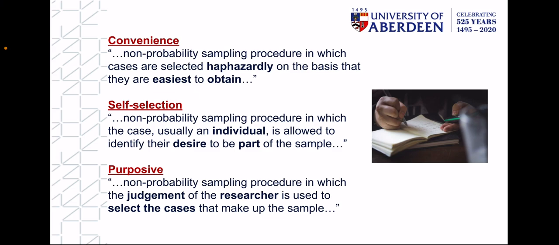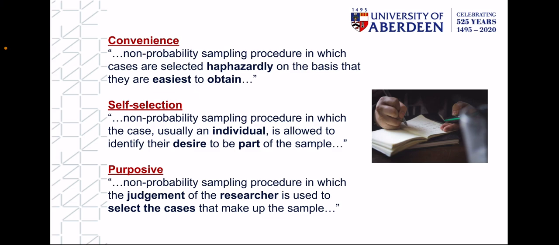Now, the final sampling technique is what we call purposive, and this is usually the one that I use a lot. It is a form of non-probability sampling technique, which is referred to as judgmental, or the use of an expert sample.